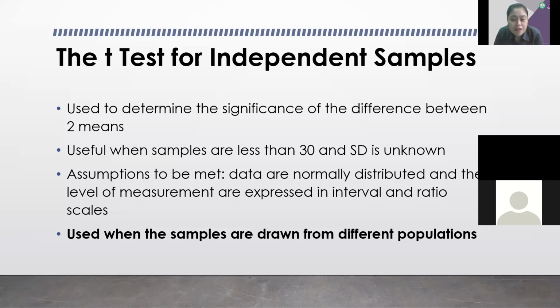And the standard deviation of the population is unknown. Kasi remember, during midterms, we also talk about z-test. The z-test is also used for comparing. Meron din doon comparison, di ba? Meron tayong two sample z-test doon. Ang kaibahan nila, si z-test is ginagamit if we have more than 30 samples and the standard deviation of the population is known.